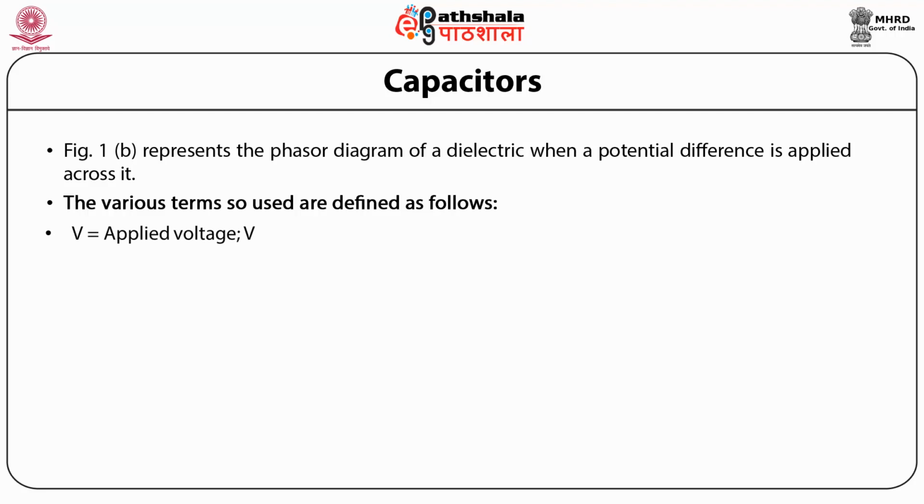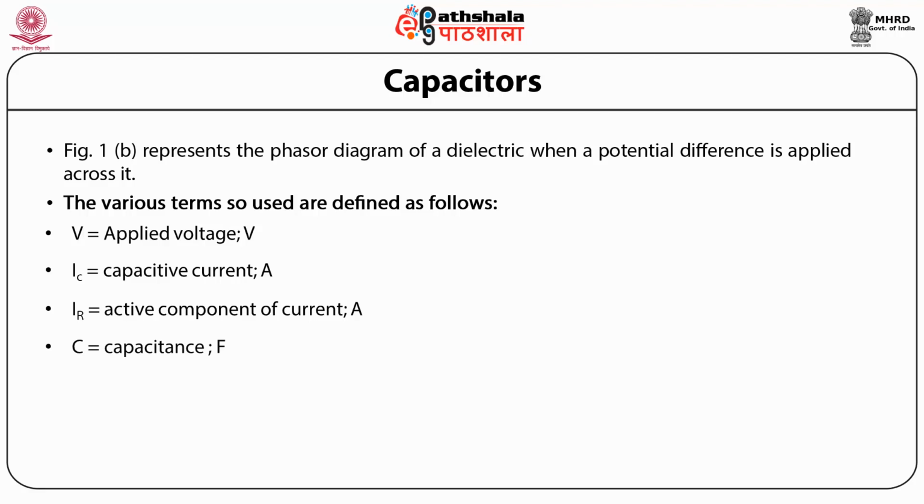V represents the applied voltage in volts. IC is the capacitive current in amperes. IR represents the active component of current, which is again in amperes.